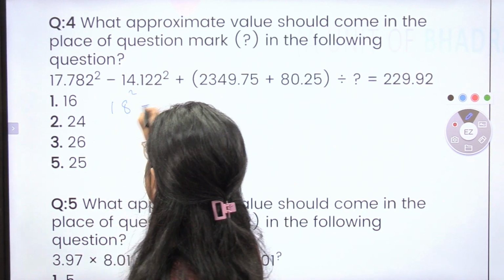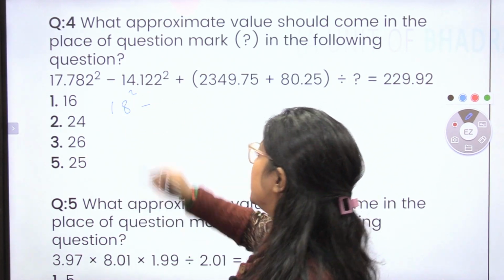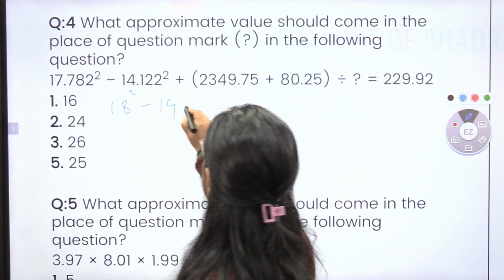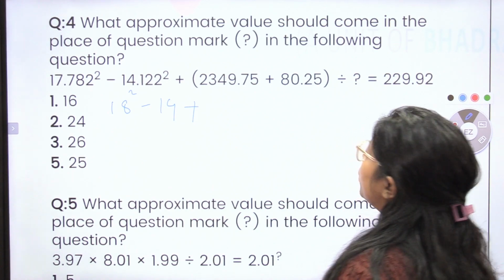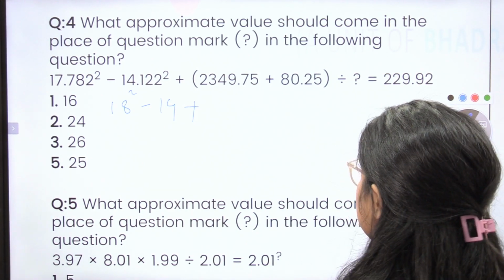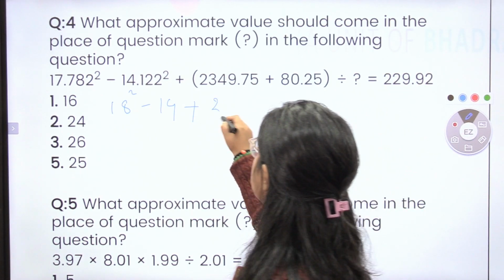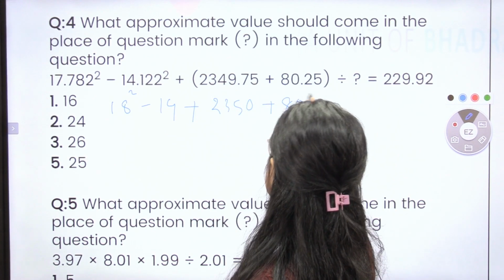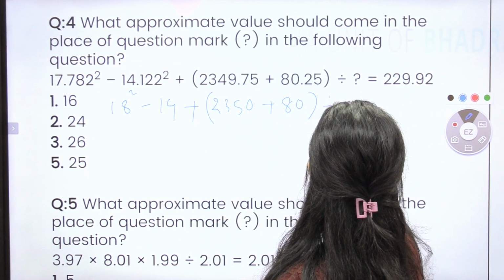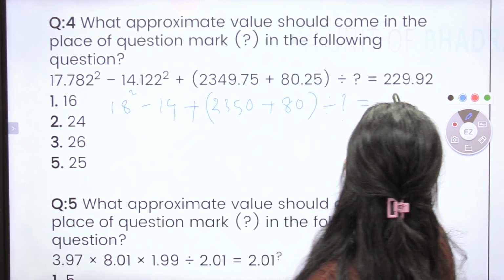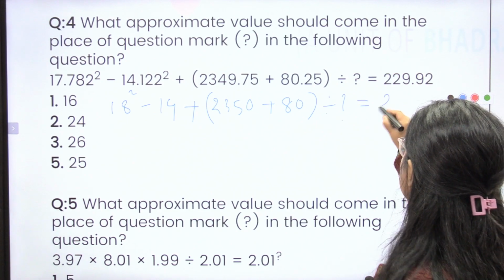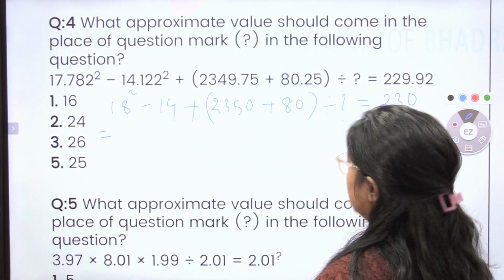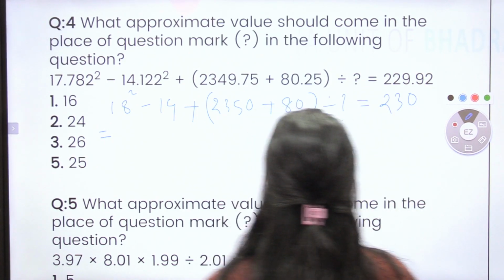Minus 14.122 square, it will be 14 because after the decimal the value is less than 5. Plus 2349.75, it will be 2350, plus 80.25 will be 80. Division question mark is equal to 229.92, that means 230. Now I get the integer values.